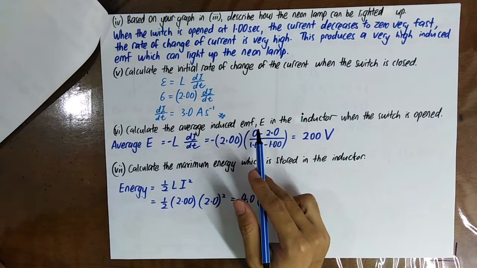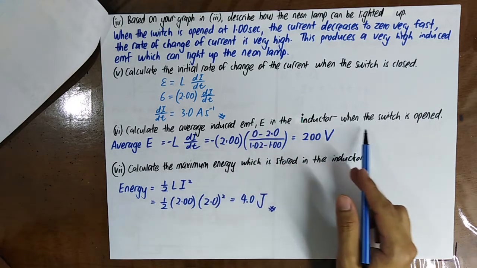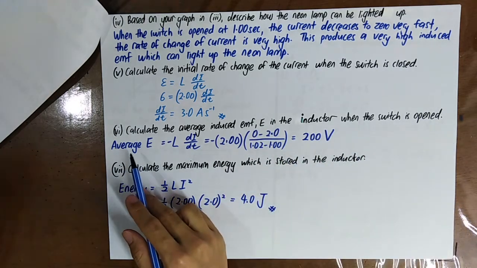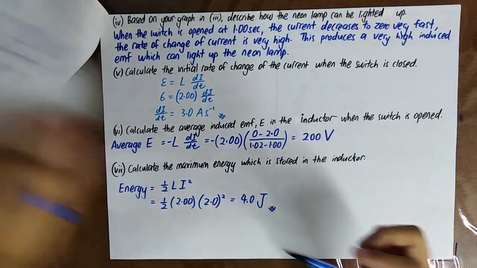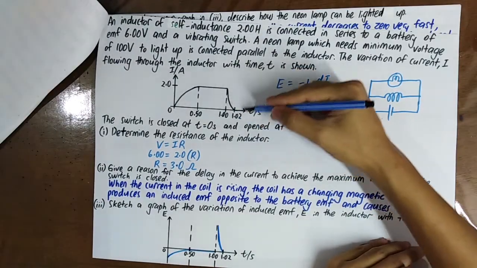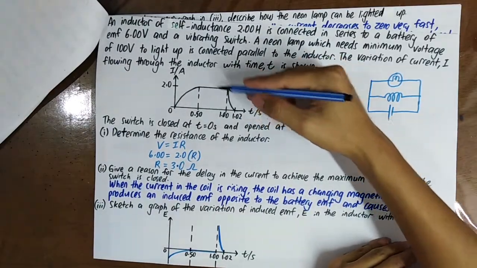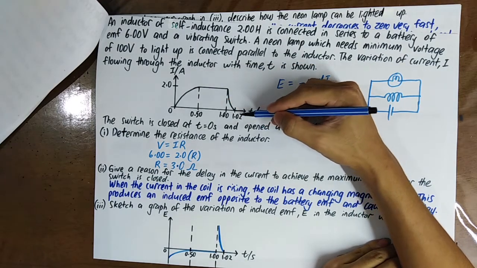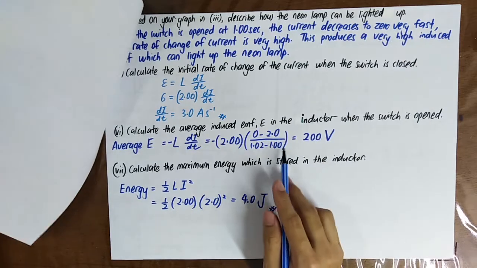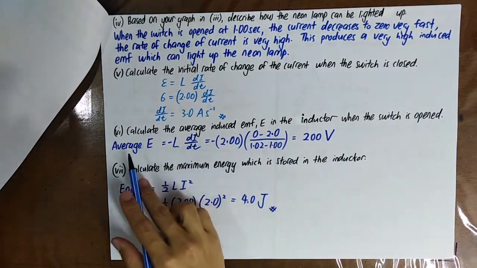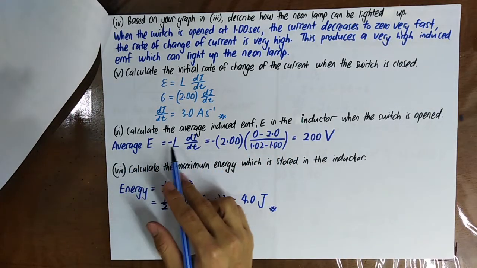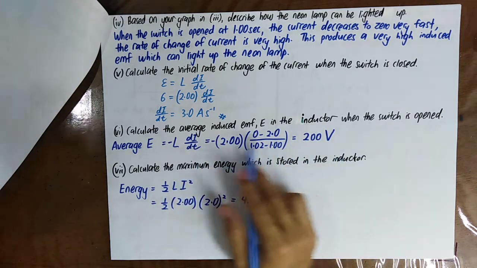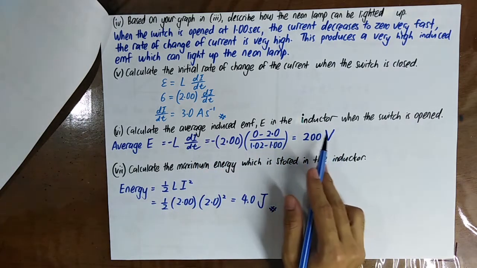Calculate the average induced EMF E in the inductor when the switch is open. Average E when the switch is open is in this region. So you know that 2 ampere decreases to 0 in 0.02 second. So you use the back EMF equal to negative L di/dt to find out the average induced back EMF.